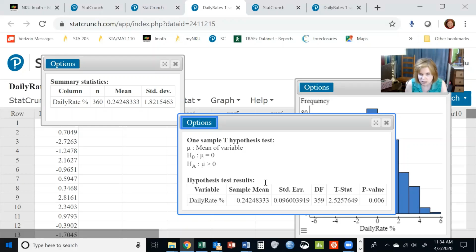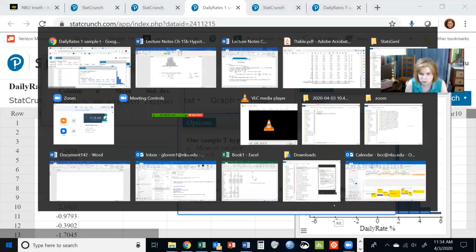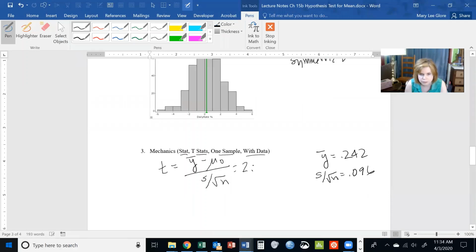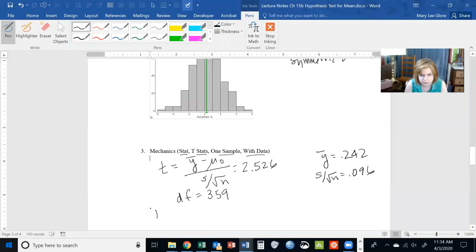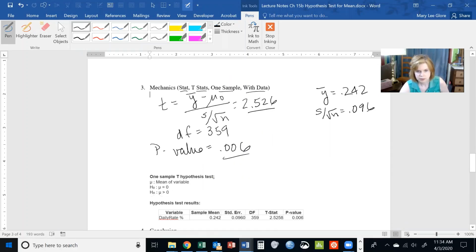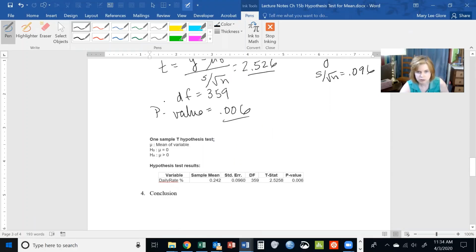And then my t is 2.526, and my p-value is 0.006. So here's my test statistic and my p-value, and I have that output saved there.